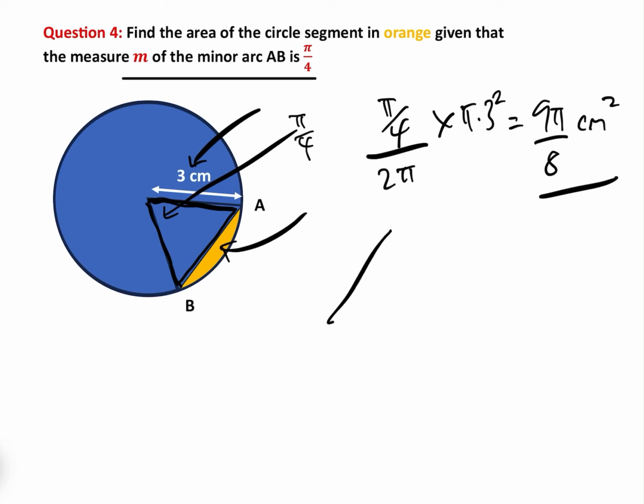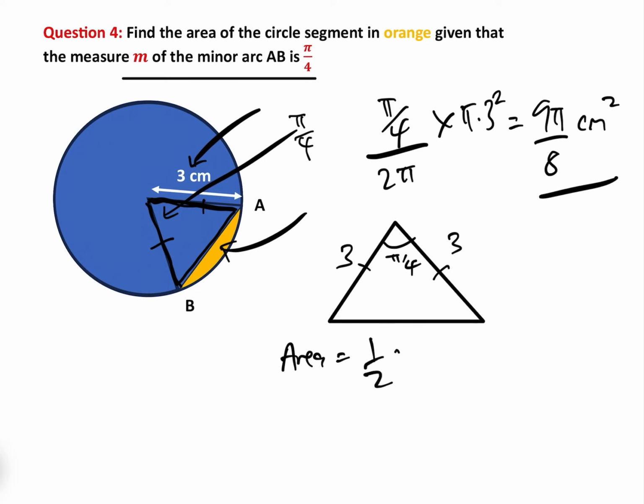Now let's have a look at the triangle. Let's just try and draw this triangle here. Okay, so we know that this angle is pi over 4, and we know that these two sides, the radii, are both 3, and so therefore we can use the sine rule to find the area of the triangle. The area equals half ab sine C, where this angle here is C, so the area equals a half times 3 times 3 times sine of pi over 4.